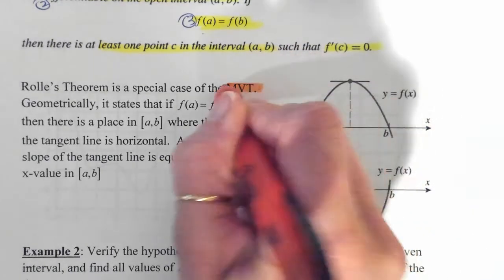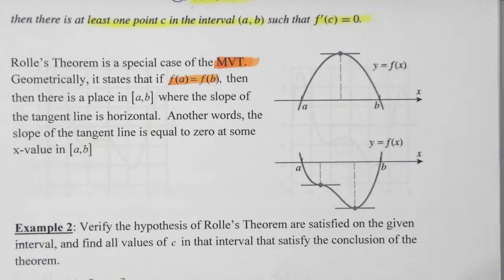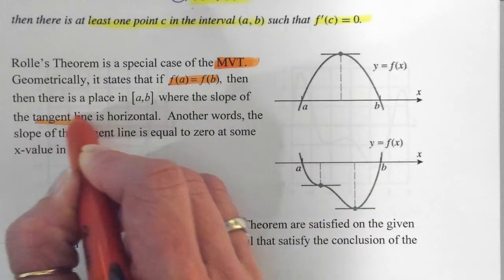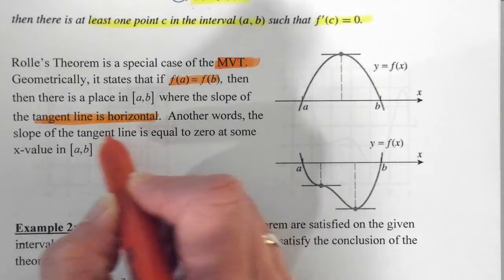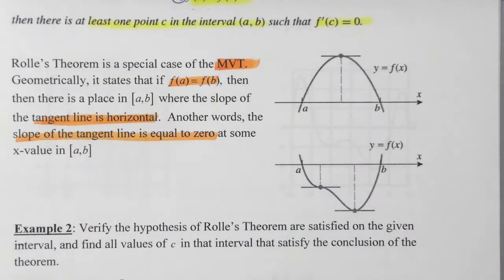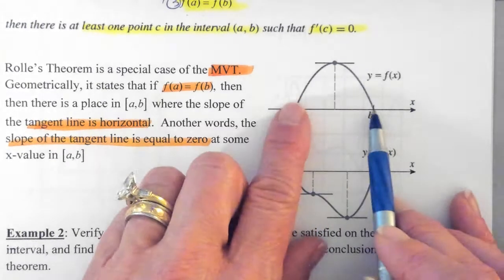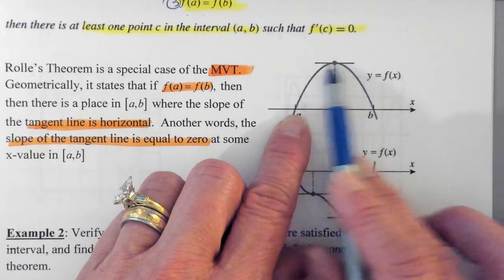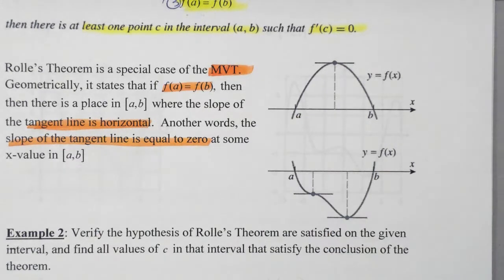And we're saying if our y values are equal, then there's going to be some place in that closed interval where the tangent line is horizontal, meaning that you have the slope of the tangent line equal to 0 at some x value. So if you look here, this is what we're saying. If my y values are equal, you have a horizontal tangent line somewhere on that interval. And we're going to find that c value or that x value.